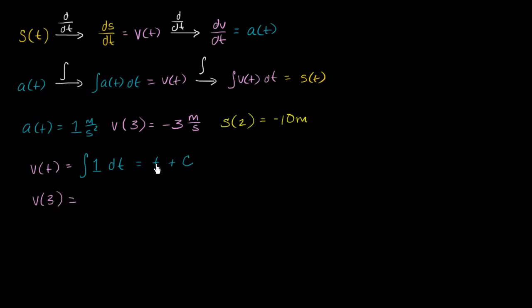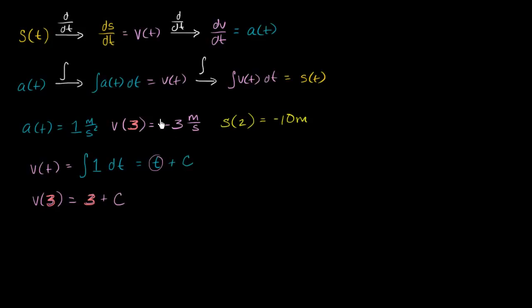So let's just write that down. So v of 3 is going to be equal to 3 plus c. Every place where I have the t, I replace it with this 3 right over here. Actually, let me make it a little bit clearer. So v of 3 is equal to 3 plus c.